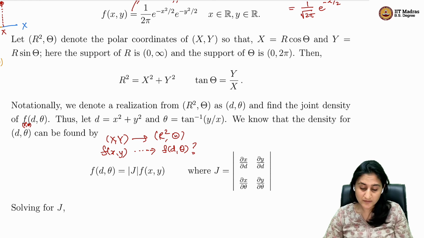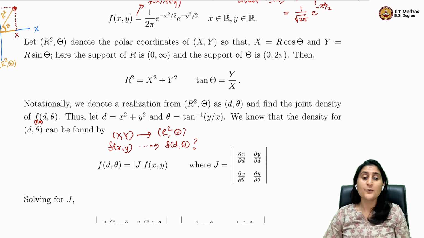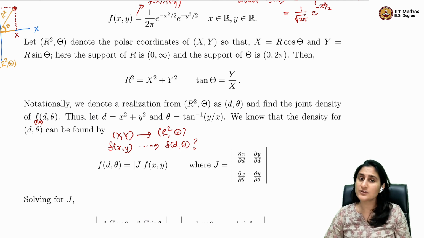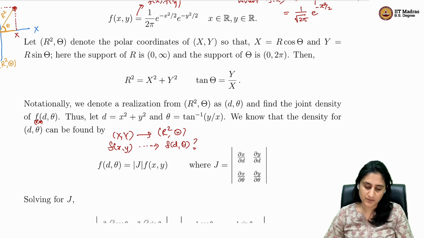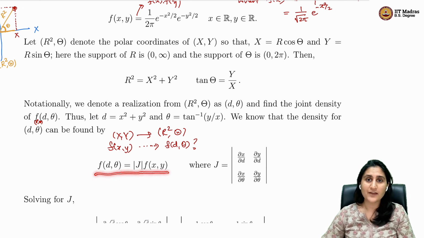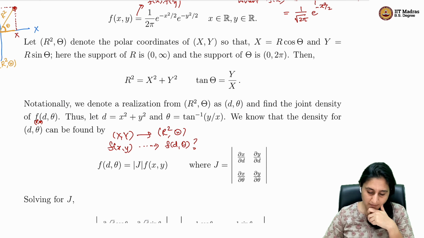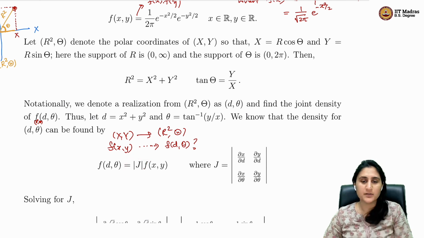Through the transformation of variables mapping that we've learned, we know that this is critically dependent on the Jacobian of the transformation. So first I need to find the Jacobian of the transformation. To find the Jacobian, f of d comma theta is nothing but the Jacobian times f of x comma y. So basically now my goal is to find the Jacobian here.